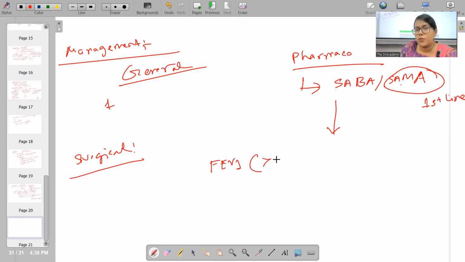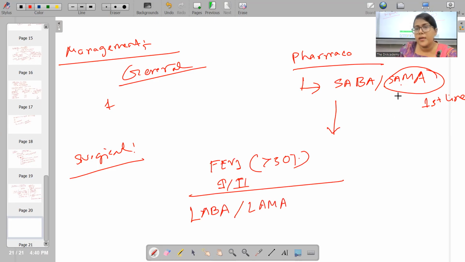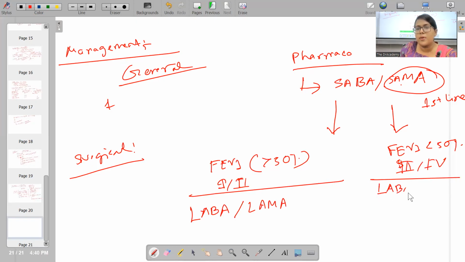So if the FEV1 is more than 50%, basically meaning that the patient is having stage 1 or stage 2, in that case, you can consider either adding LABA or LAMA, either one of them, okay? However, if the FEV1 is less than 50%, or the patient is having stage 3 or 4, okay? So in that case, you can consider LABA with inhaled corticosteroid or LAMA with inhaled corticosteroid, okay?